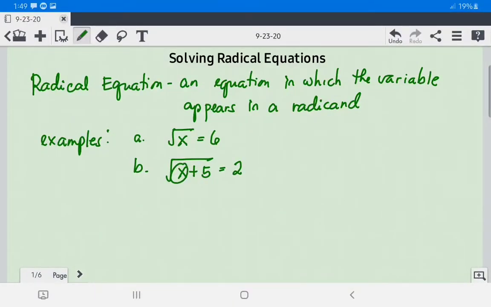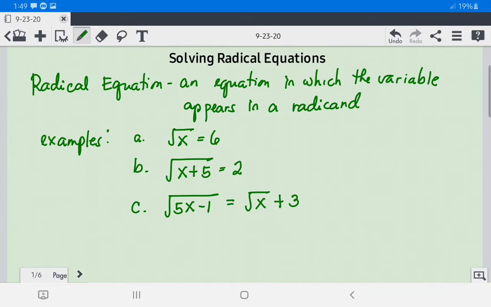So the variable here, x, is in the radicand. Then letter C, let's say we have square root of 5x minus 1 equals square root of x plus 3. So, these are examples of radical equations.